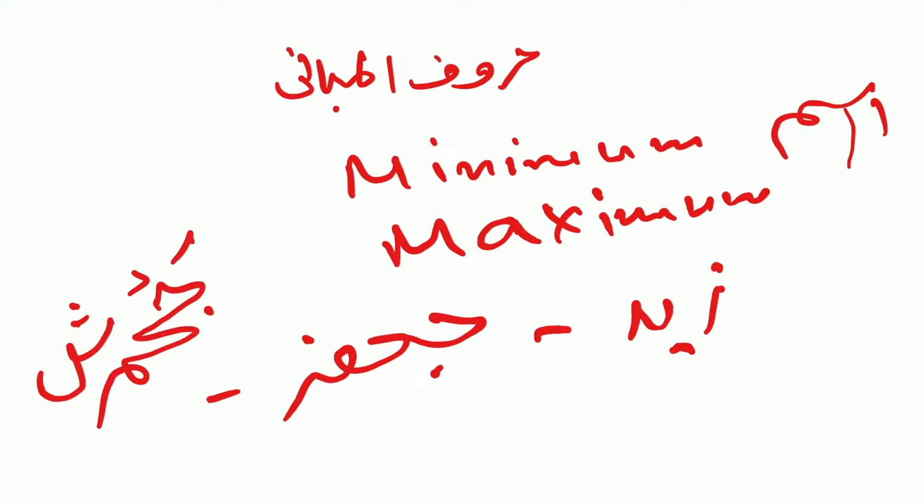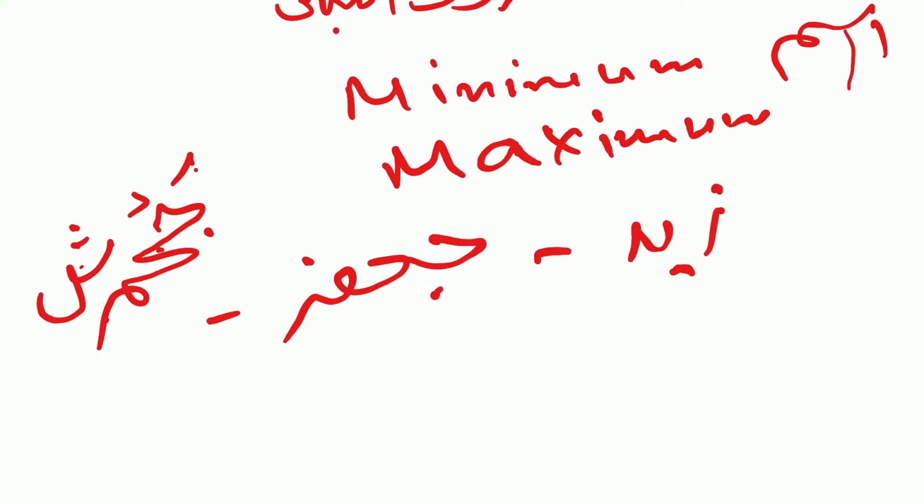How many? 1, 2, 3, 4, 5. Jahmarishun has 5. Ja'far has 4. So you see, this has 3, this has 4, and this has 5.